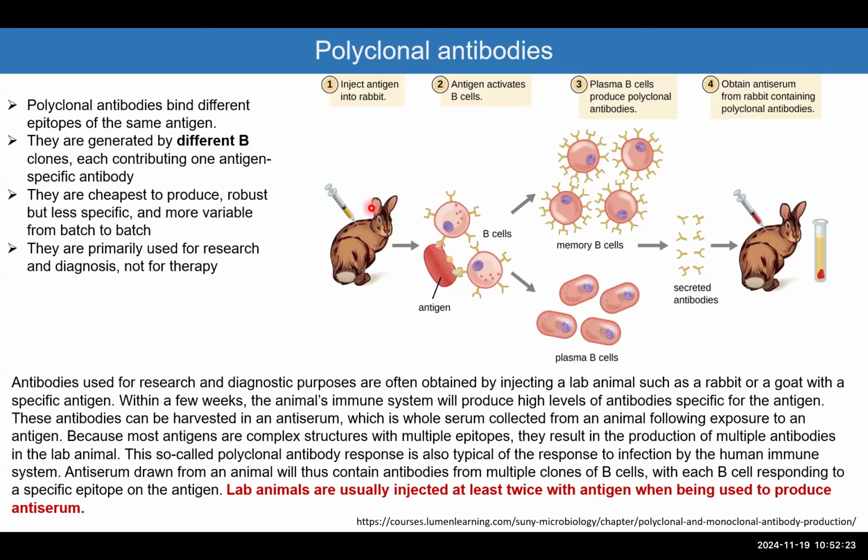And then that animal is going to generate antibodies against the antigen. So you can see that here there's an antigen, represented by this red thing. It's a sequence of protein, in fact, which has 3 different epitopes. And you can see that the B cells generated 2 different antibodies. One is triangular and one is rectangular.